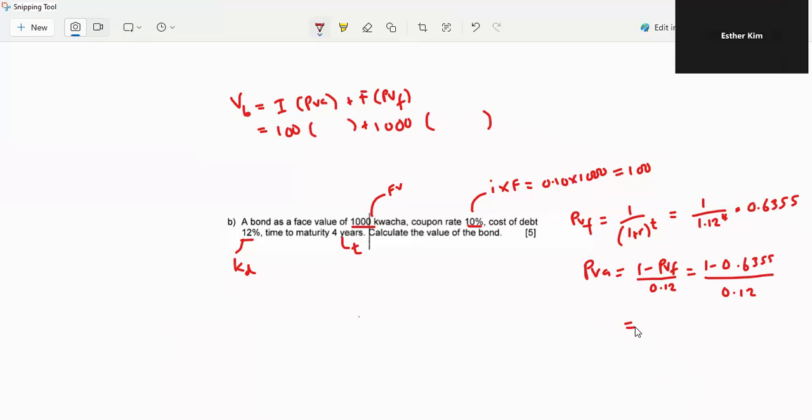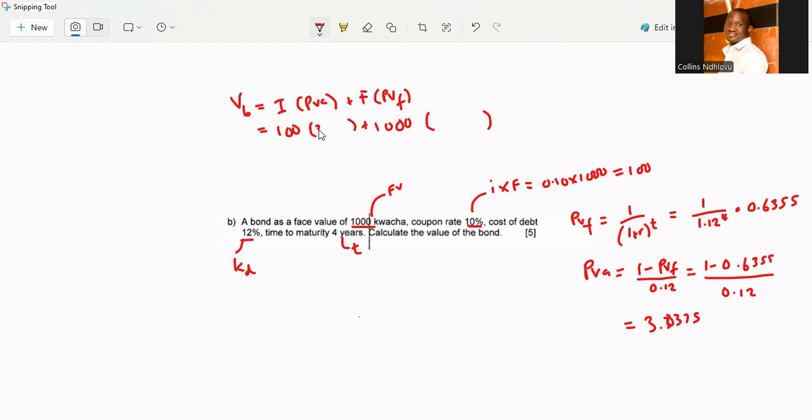I found 3.0375. Okay. It's supposed to be 3.0375. 0, 3, 7, 5.